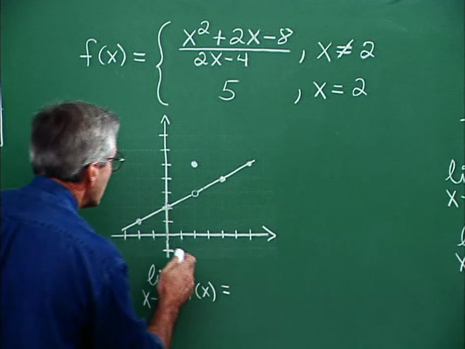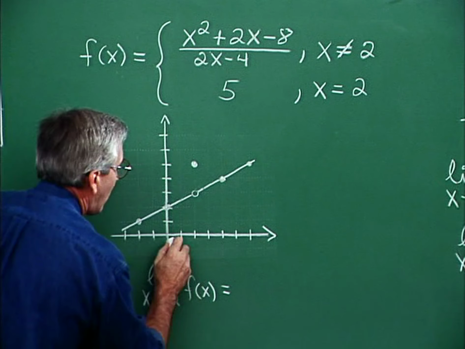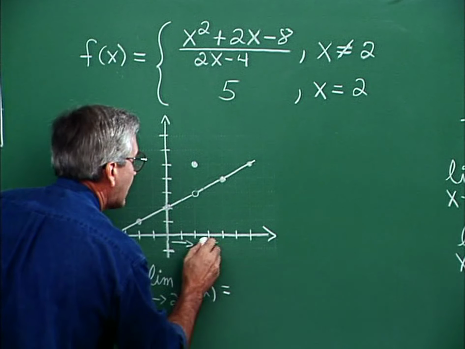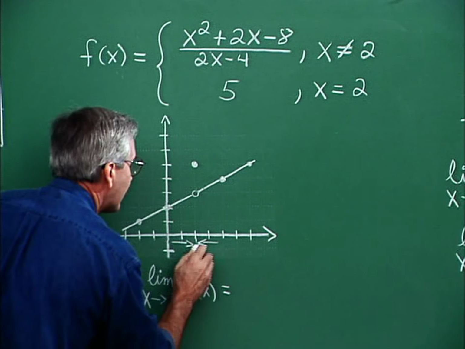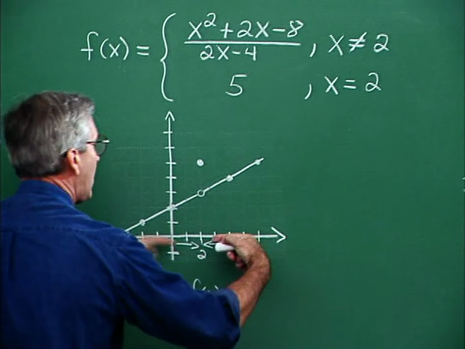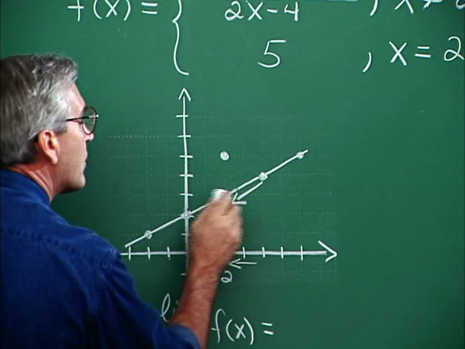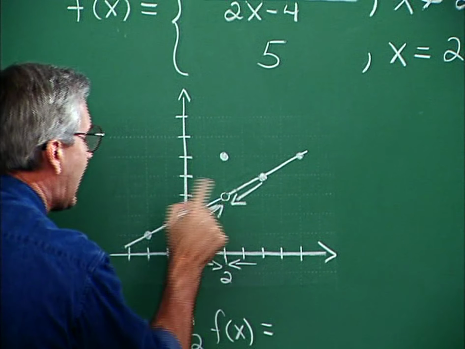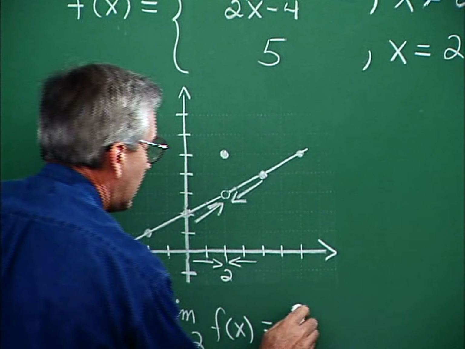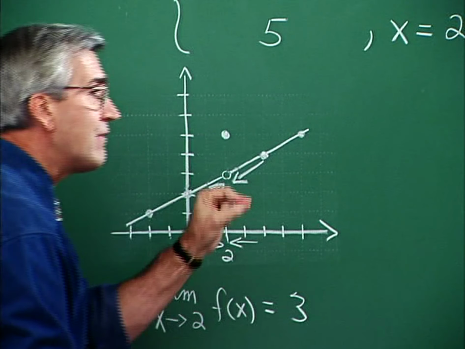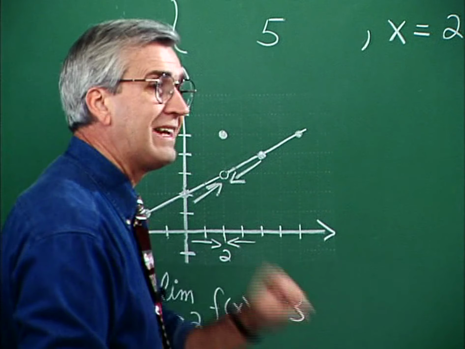So once again, just like before, as x approaches the value 2, you see from both sides, f of x is approaching the value 3. Not this value, but the value 3. So still the limit is 3, even though f of 2 is not 3.